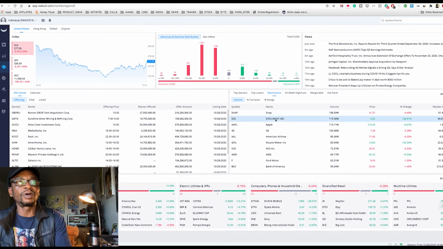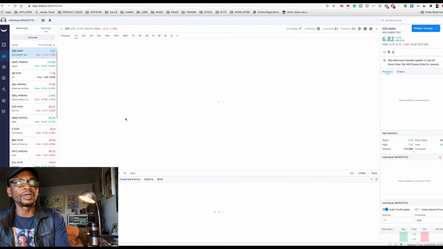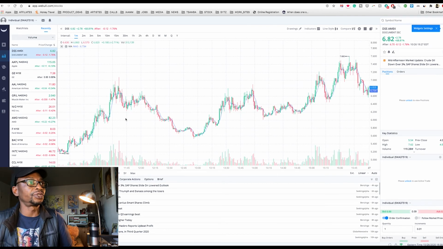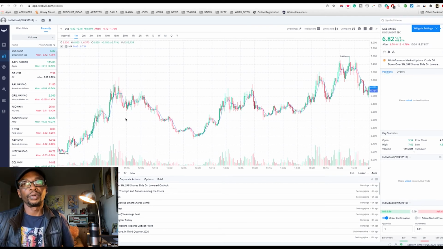I always like the ones that really gap up or down, because there's an opportunity to either short sell or put in calls there, depending on the catalyst, what made it move up or down.